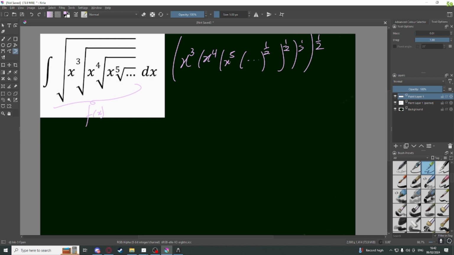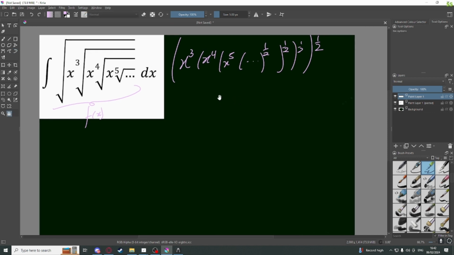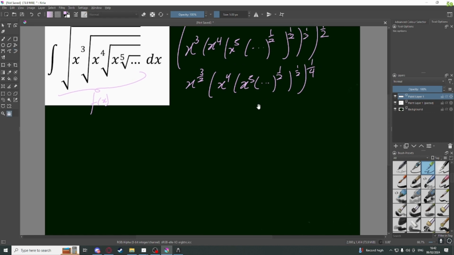Let me just double check. Yep, okay. And then when you simplify this, you get x 3 over 2 times this. Is that right? Yeah. And then once you simplify again, you get this.